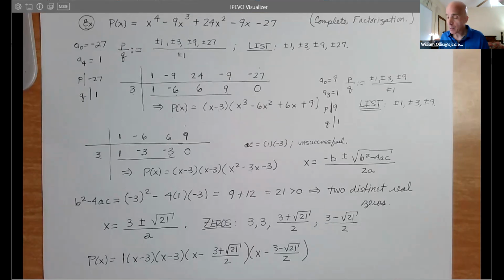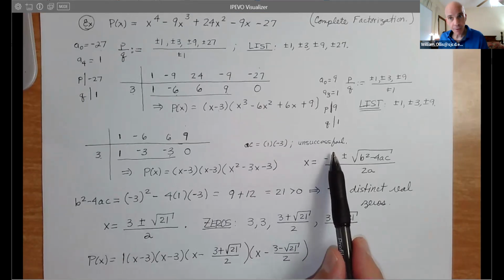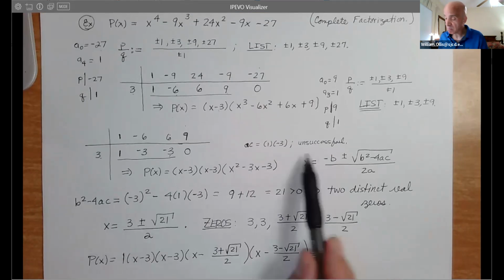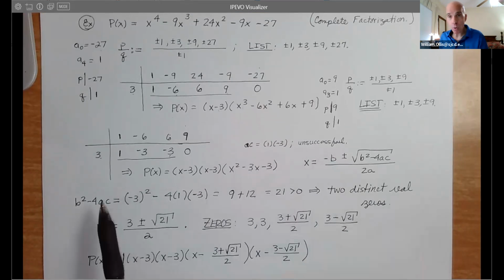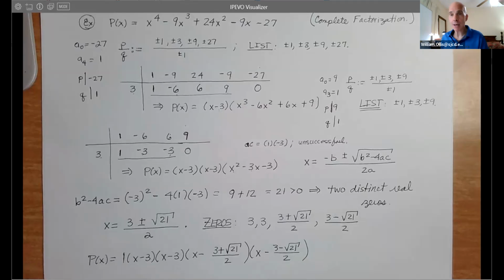So the idea here is that we check for Professor Ron's AC lemma. Didn't seem to give us anything. We look to the quadratic formula, and we have 2 distinct real zeros to add to our list here and here. And then, of course, the factorization that we have here.